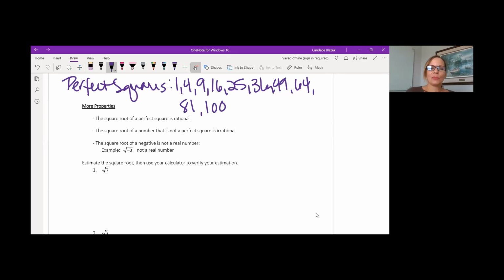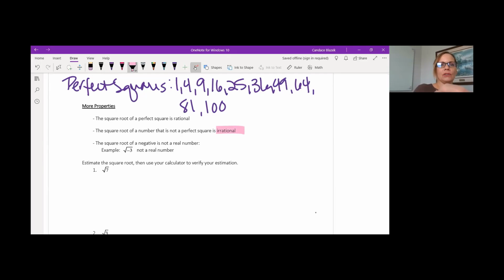Well, a few more properties about the square root: the square root of a perfect square is rational. I just mentioned that, didn't I? All right, and so it's good to have some familiarity with the perfect squares. The next property, the square root of a number that is not a perfect square is irrational. What is irrational?